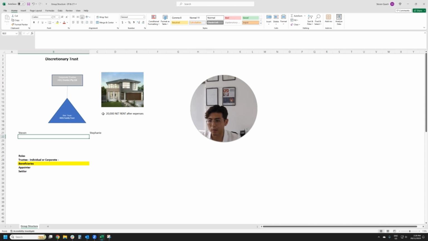So say for example, Stephen is already on a tax rate of 34.5%, earning 75K a year, and Stephanie is at home, not working, and her tax rate is currently 0%.